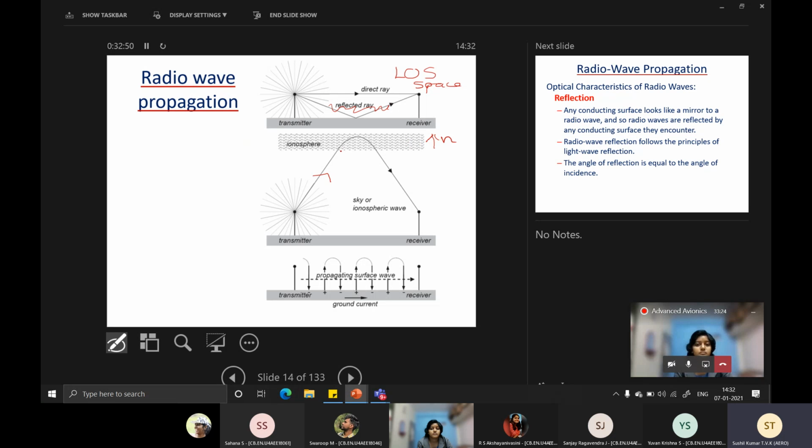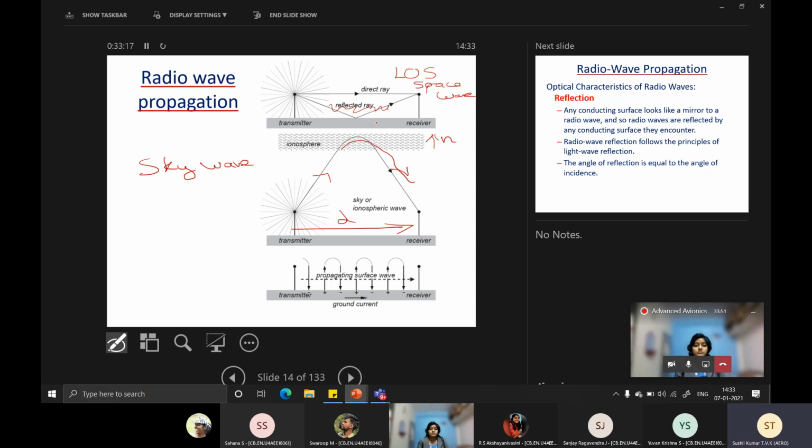It can actually start bending, start reflecting like this. Because it's getting reflected from the sky, it is called sky wave. The first one is called space wave. The advantage is you can have very long distances.